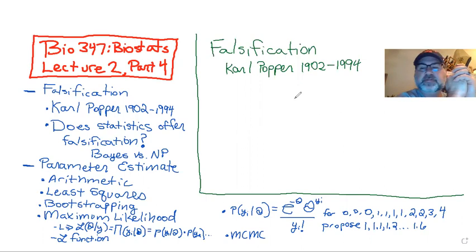So I noticed there's a problem with this, is that statistics in and of itself does not offer falsification. So the way that Neyman-Pearson works is that you have a null hypothesis and you reject it, right? And you consider that falsifying your null hypothesis.